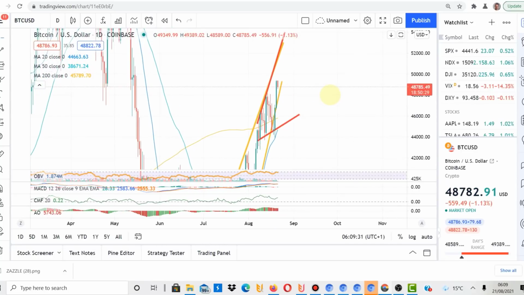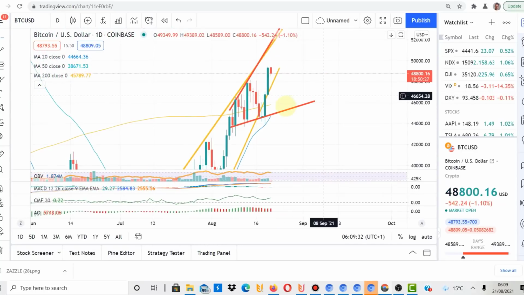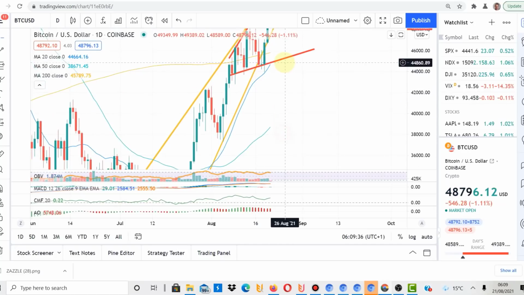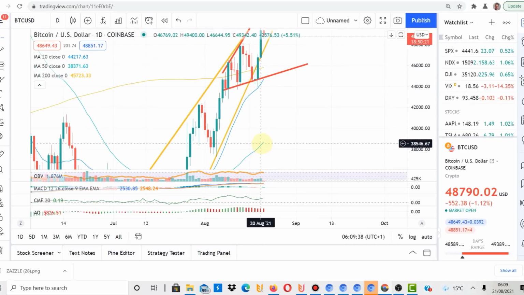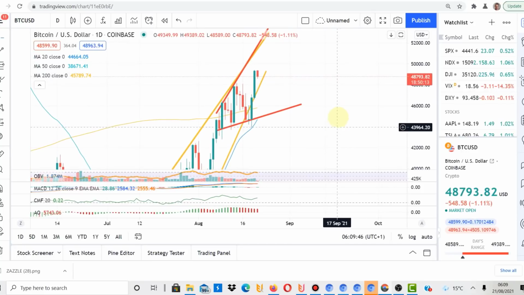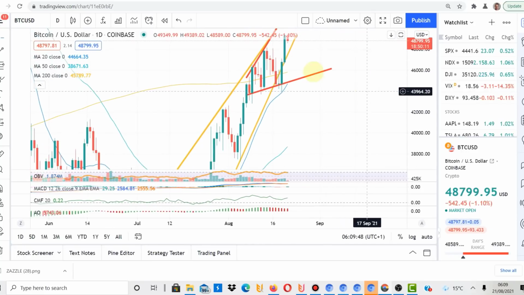So bear them in mind, as soon as we break below this here, we could move down. As soon as we break down that, we could move to the 50-day moving average, which is around $40,000, maybe a little bit lower than that. So guys, be aware of that. Normally, when breakouts out of the broadening wedges happen to the downside, they happen with quite a lot of momentum.